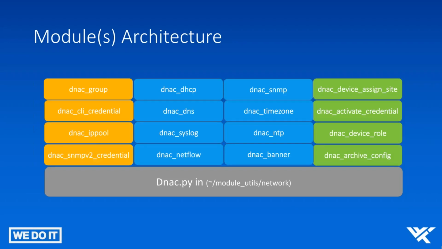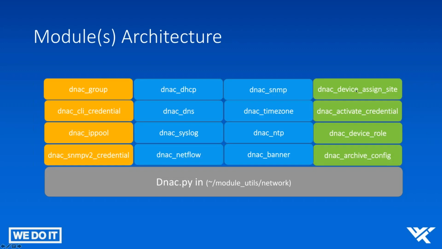There's some geoparser functions in there for doing things like time zone lookups or lat long lookups for when you create buildings within DNA Center. So that module along the bottom is a helper module designed to basically abstract all of the module independent function calls from the actual Ansible modules up top.